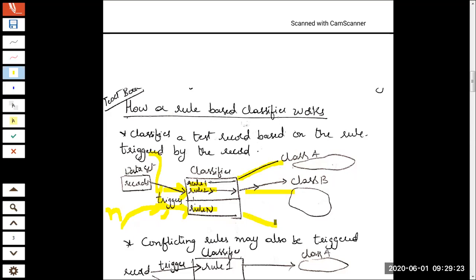Now what is the use of constructing rules? The benefit is, given a completely new situation, the classifier will be in a position to tell whether it belongs to class A, class B, or any class. Hope you understood what a rule-based classifier is.